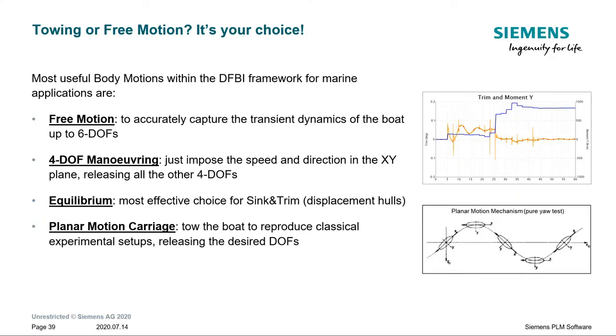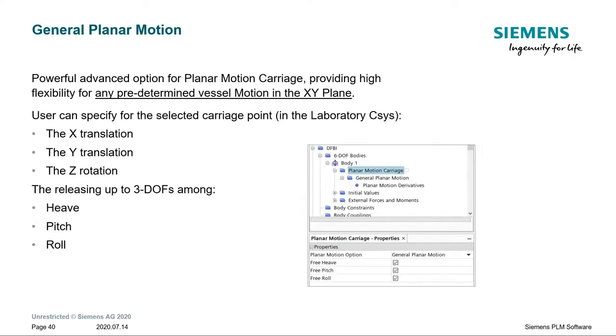And then for what concerns towed motion, there is the planar motion carriage, either in its classical form for straight or sinusoidal paths, or I wanted to highlight this quite new model, which is the general planar motion option, in which we can actually prescribe any predetermined vessel motion in the XY plane by defining an analytical law of motion for the X and Y translation and Z rotation. And then we have the possibility to release the remaining 3 degrees of freedom, which are the heave, the pitch, and the roll.